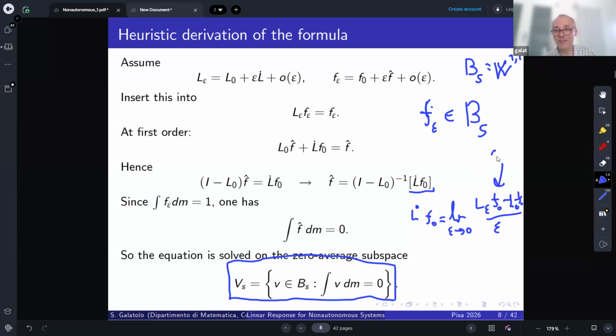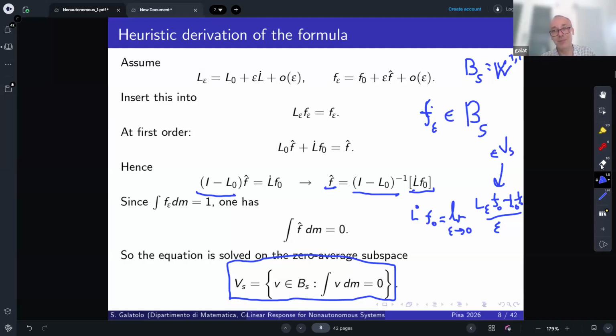And again, this is zero average. So here and here, we have zero average vectors, and this is an equation that must be solved in this zero average space. This is exactly the space in which we will see the resolvent can be defined. I don't know if I'm saying something very trivial to you because you know very well, but this is an important point. We will see it in the next slide. So to have a linear response formula, you have to have the resolvent defined, but you are lucky because you have to define it only on the zero average space, and the spectral gap will allow this.